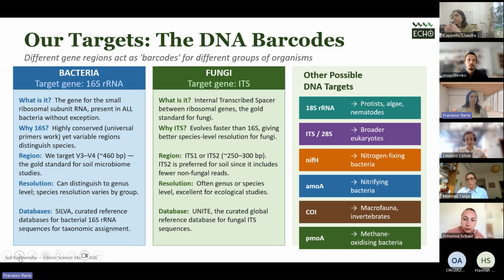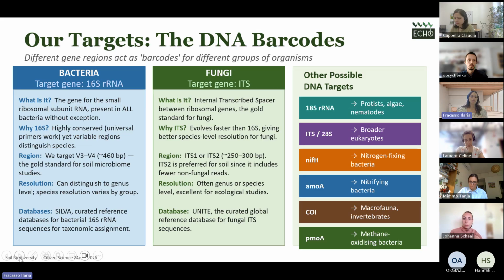When you have a passport, you are able to learn the name of a person and all their characteristics. A barcode is exactly the same. By reading this barcode, we can learn the name of the organism and also all its characteristics.